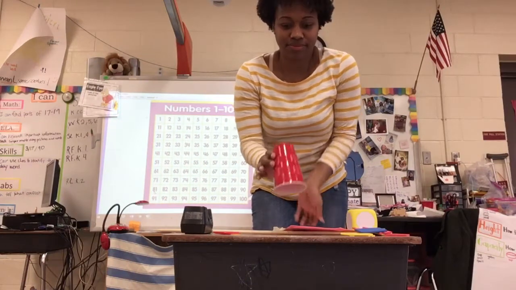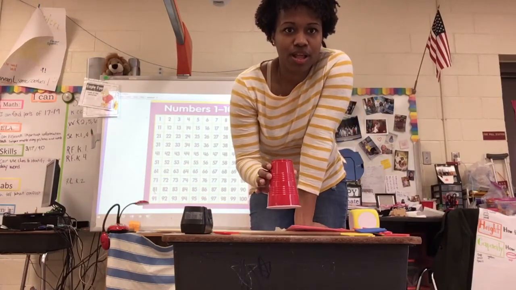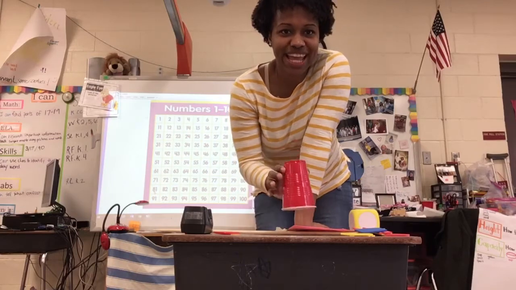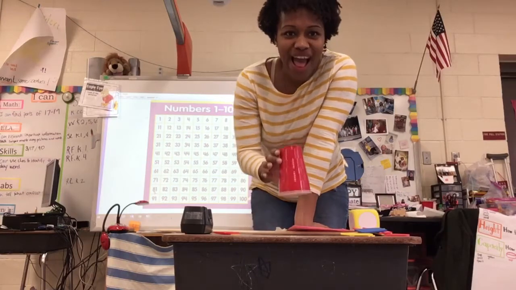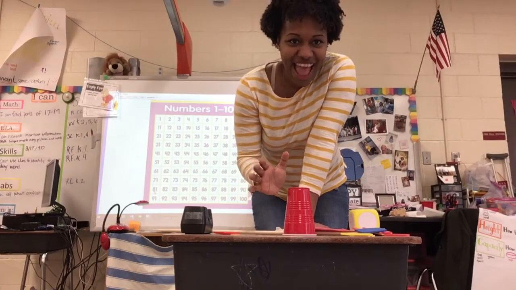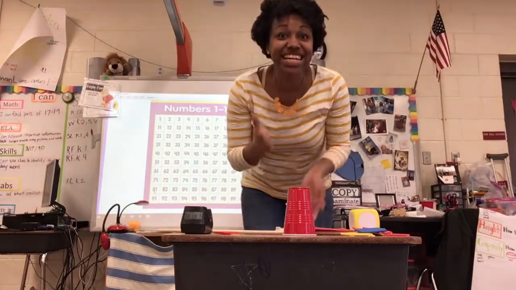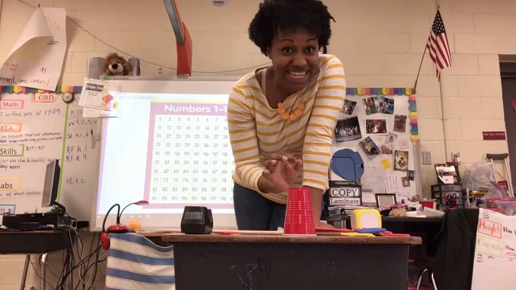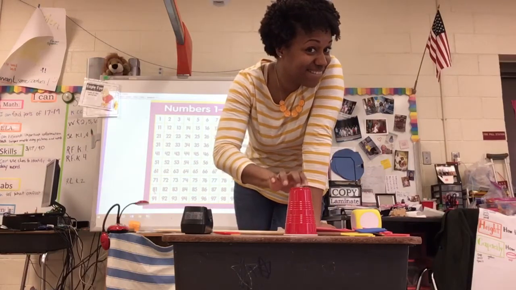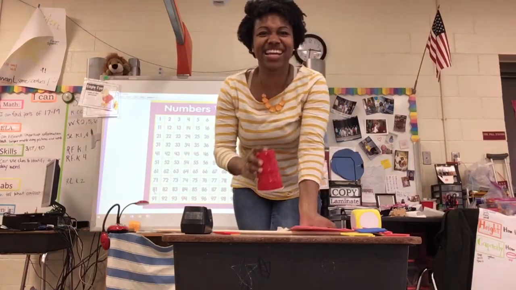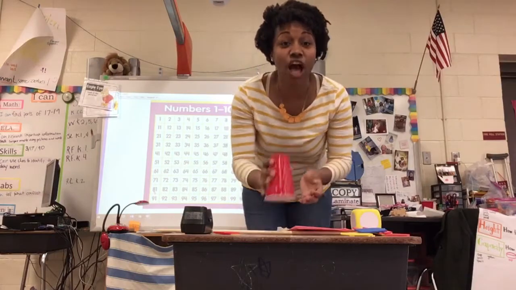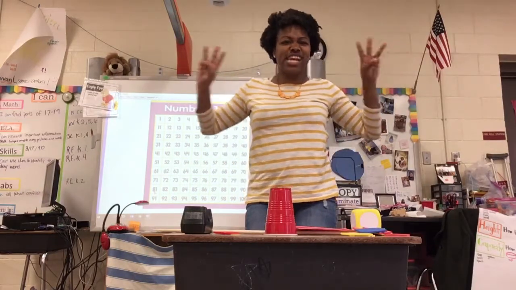Let's see. Let's count it down. 3, 2, 1. Yeah! It stood up. So that means it is what? Good job. It stood up by itself, so it is a 3D shape.